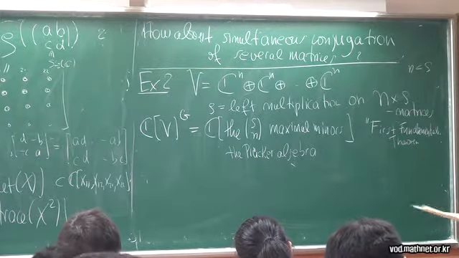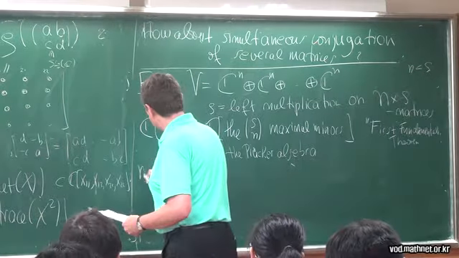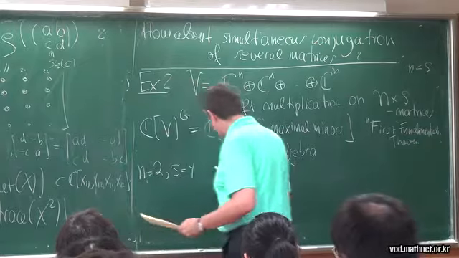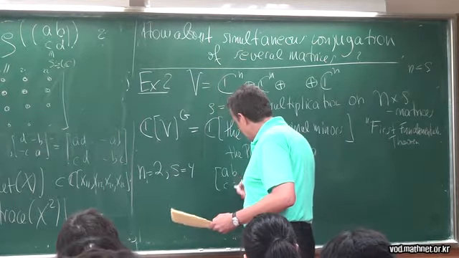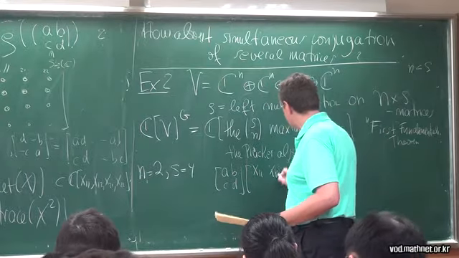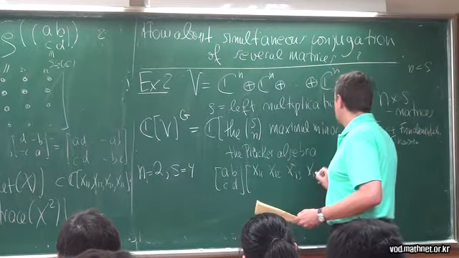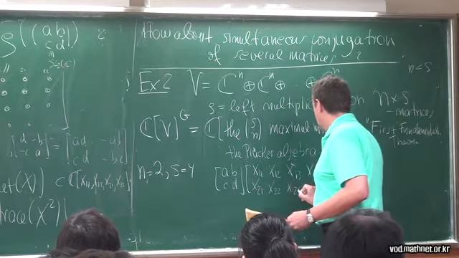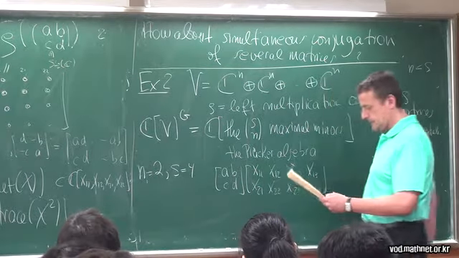Okay, for example, just to be very concrete, let's look at the case n equals 2, s equals 4. So again, I have my matrix A, B, C, D. It acts by multiplication on the left on 2 by 4 matrices like this.